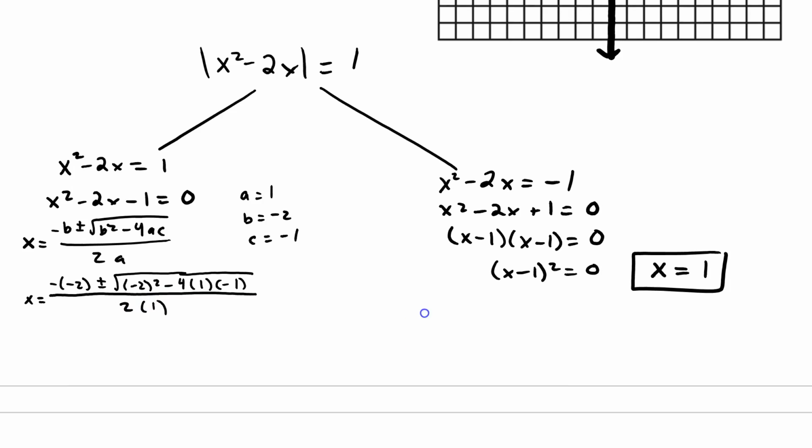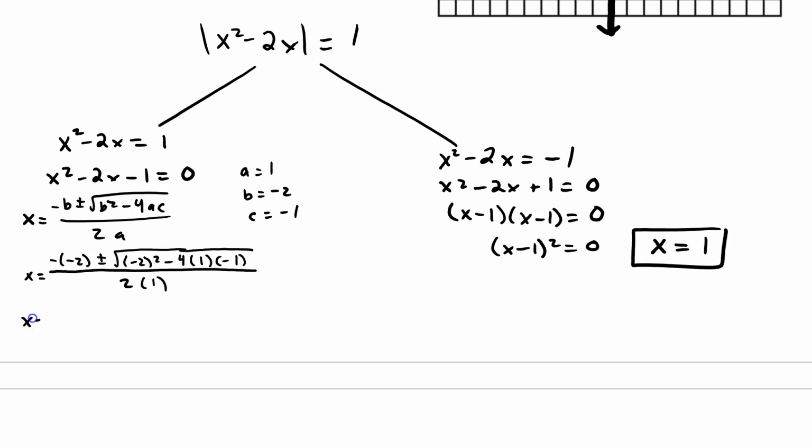So now let's clean this up a little bit. That is 2 plus or minus the square root of 4 plus 4, over 2. X equals 2 plus or minus the square root of 8, over 2.